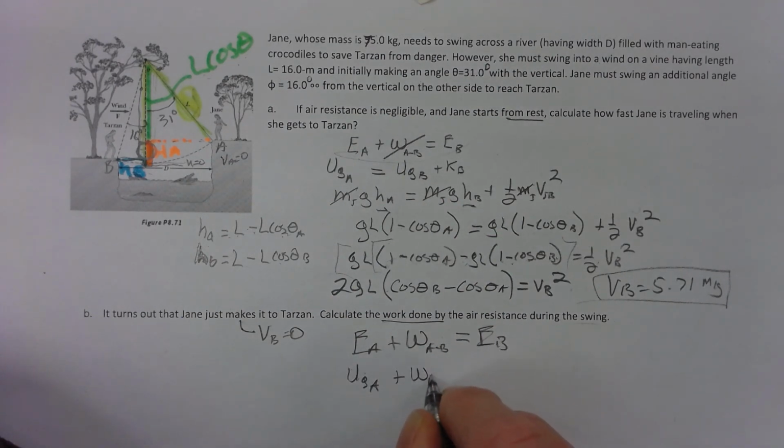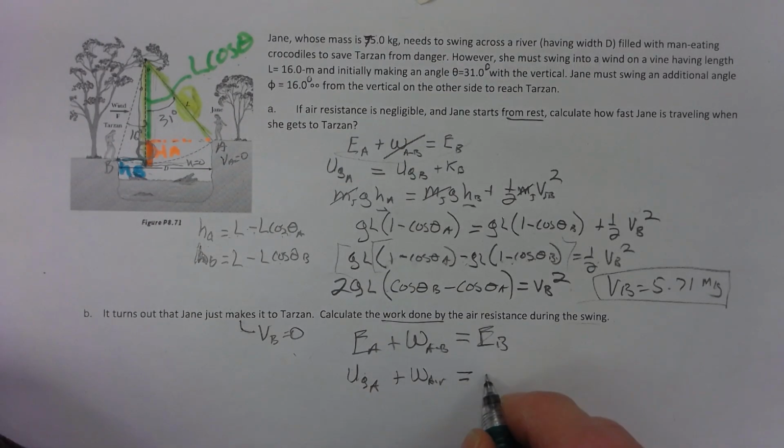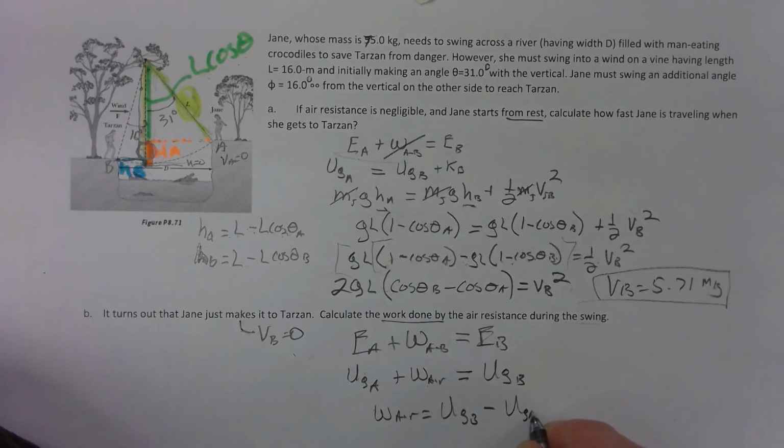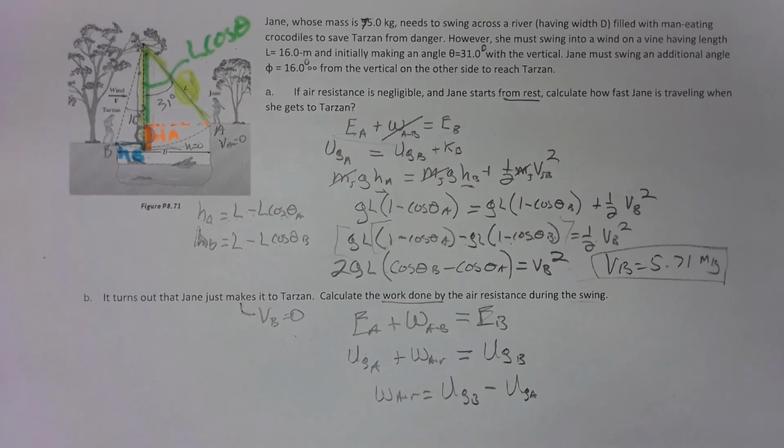We've got the work of the air, and that's going to equal our energy at B, but now it's not moving at B, so there's only UG at B. Only that. So to find that work of air, the work of the air resistance is going to be equal to potential energy at B minus potential energy at A. And you have those terms up there.